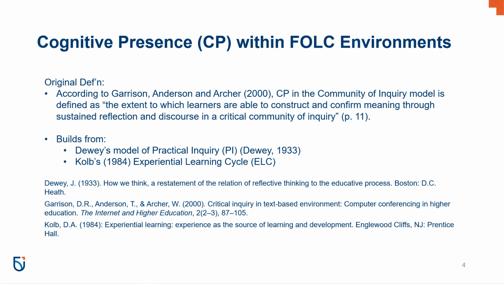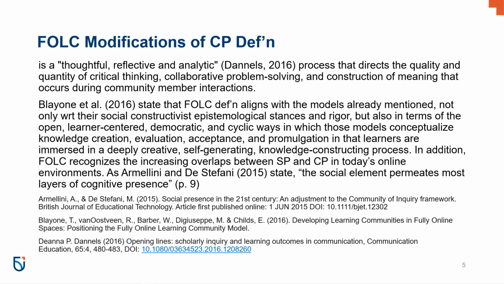And this builds on two previous models, Dewey's model of practical inquiry, and you can see that in a series of books by John Dewey in 1933 and following, and Kolb's 1984 experiential learning cycle. And I won't say any more about that, but you can go on to take a look at it yourself.